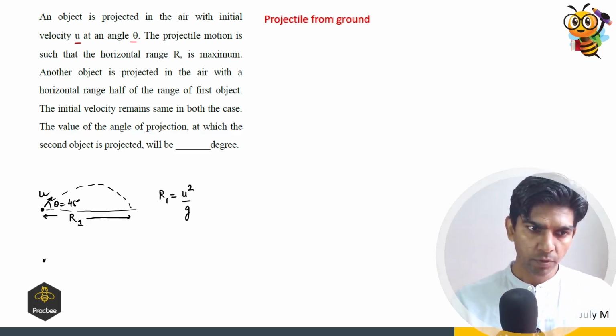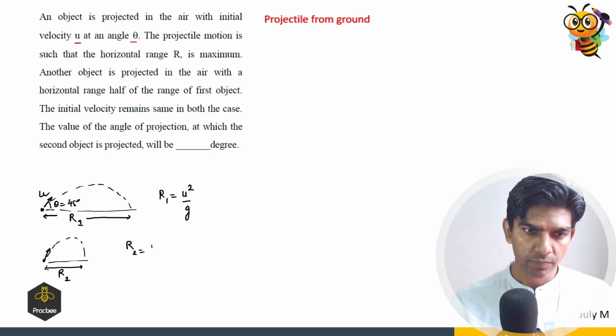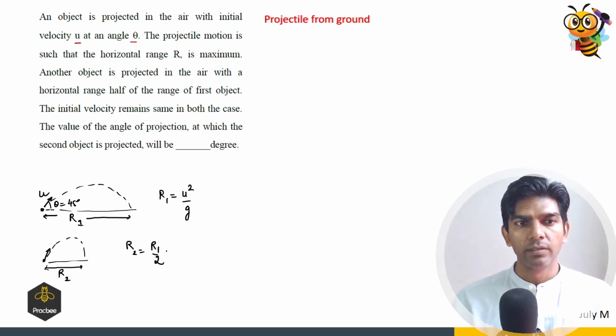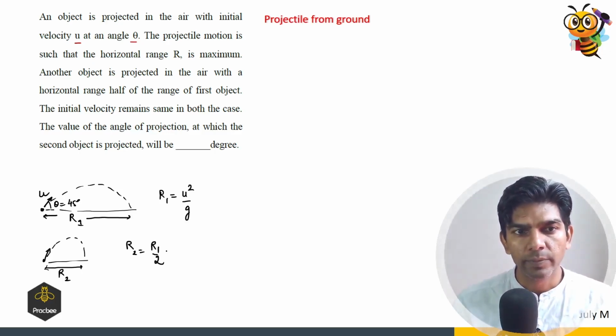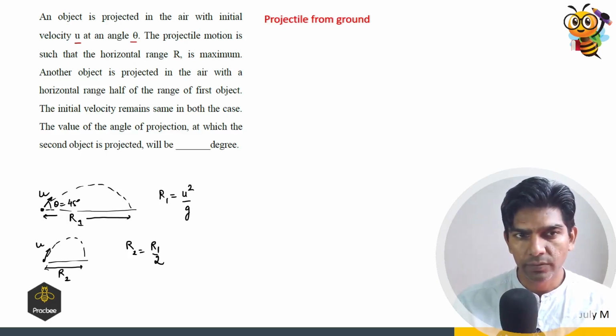Now the second body is being thrown such that we are getting half of the range. So this is R2 and R2 is R1 by 2. The initial speed remains same in both the cases, so this particle is also projected with the same speed. So this angle will be theta.